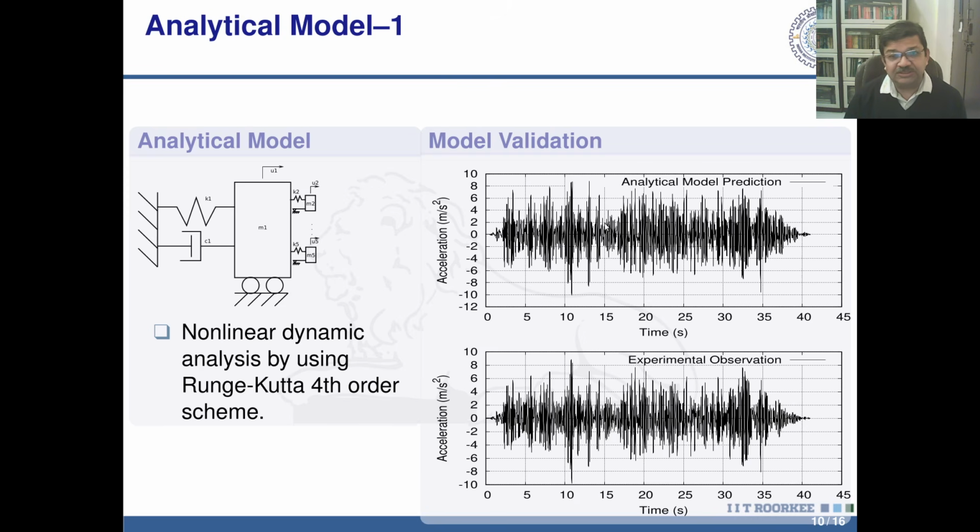As you can see, the agreement between the two sets of results is very, very good. Just to show how good the predictive capability of this model is, we blow up the response for a 5 second window between 7 second and 12 second, that will capture this particular peak response.